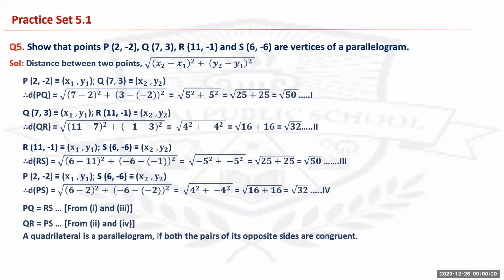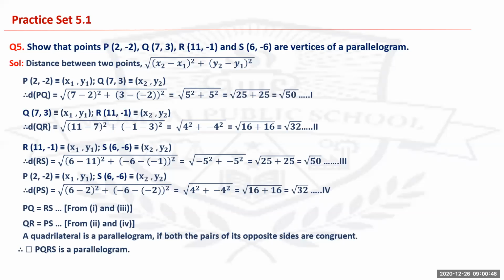A quadrilateral is a parallelogram if both the pair of its opposite sides are congruent. So when you look at equation 1 and 3 and equation 2 and 4, you'll get that the quadrilateral is a parallelogram. Therefore, quadrilateral PQRS is a parallelogram.